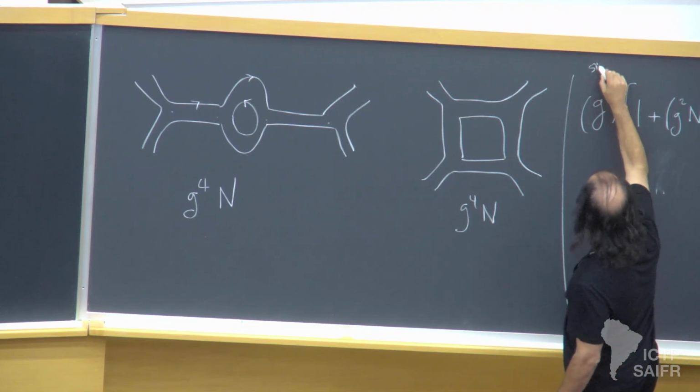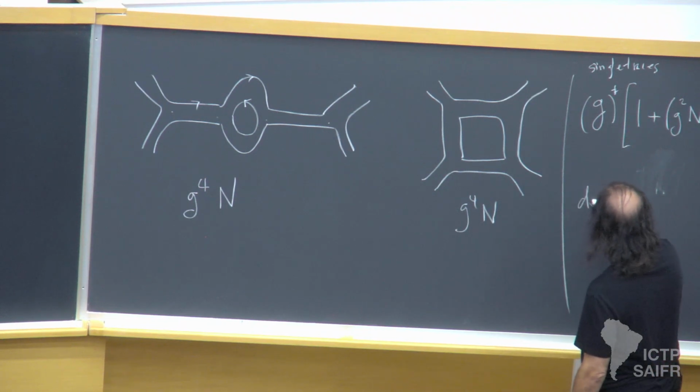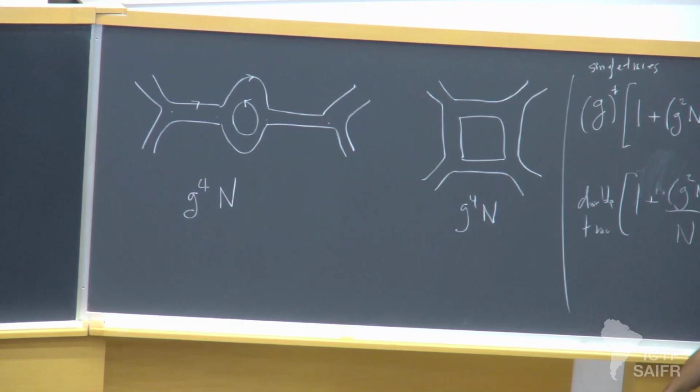So these are the single traces. You can have double trace, which, if you work in terms of the 't Hooft coupling g squared n, will have 1 over n factors associated with it. So they're subleading in the 1 over n expansion, if you cared to do a 1 over n expansion.